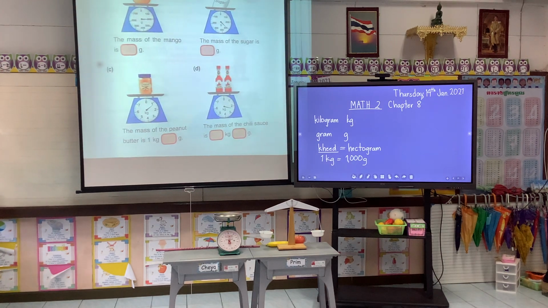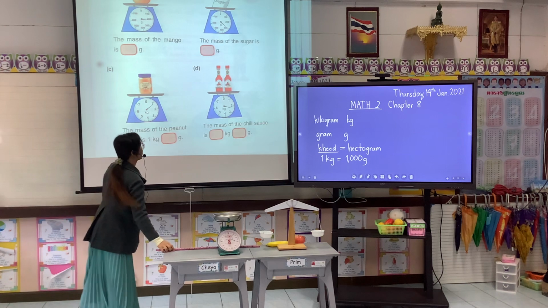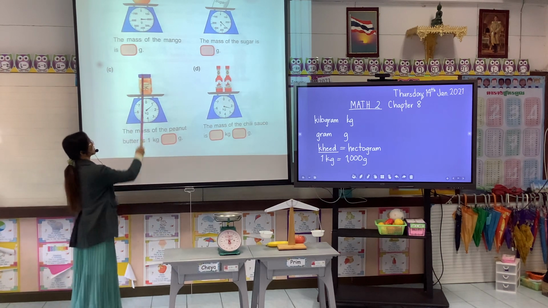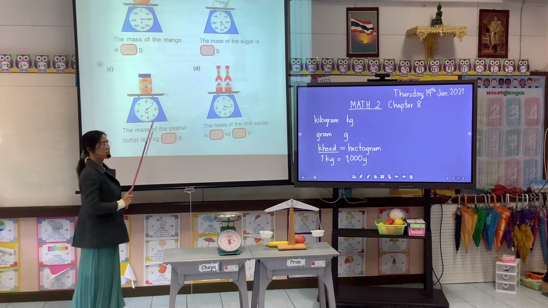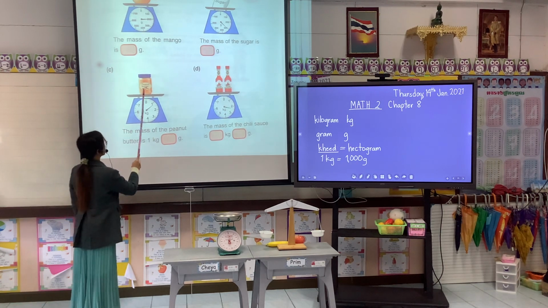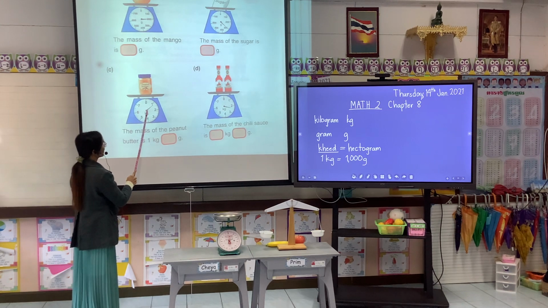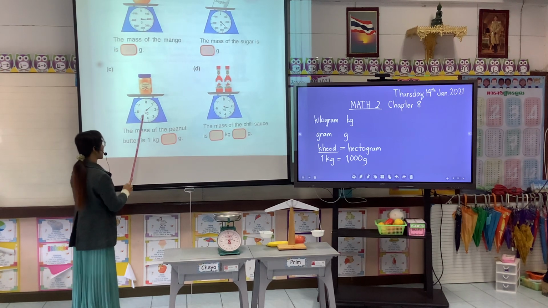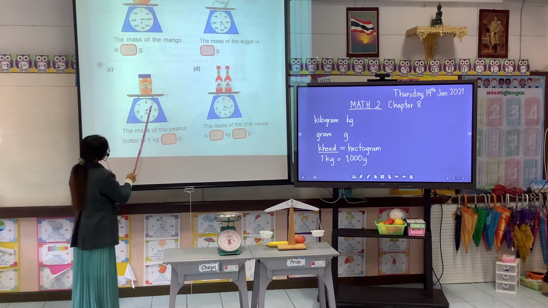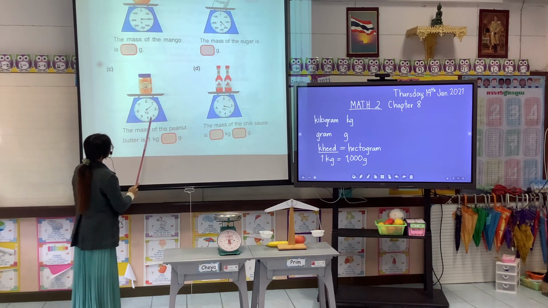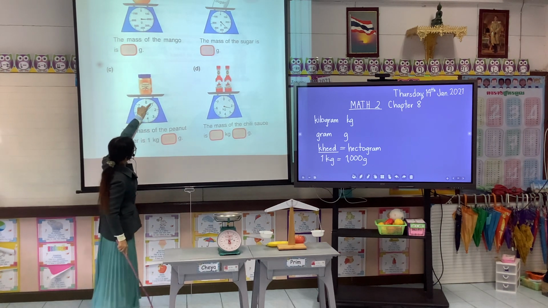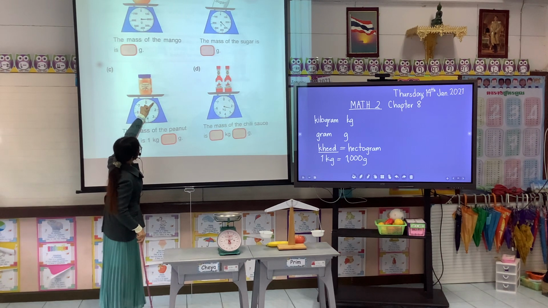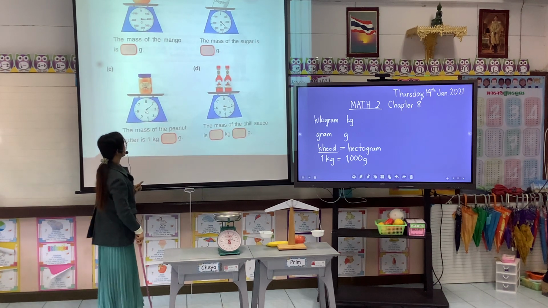Okay, next scale. Please also practice reading this. Letter C, peanut butter. Now, the peanut butter is quite heavy. It is more than 1 kilogram. The pointer points at 1 and how many grams? The small unit there, the small part, means grams.